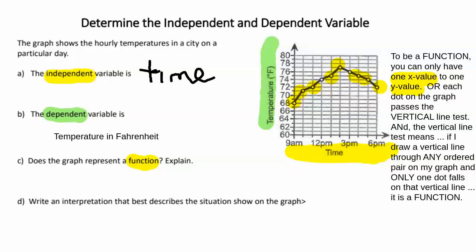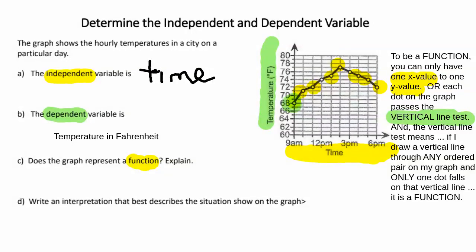One time, let's say the one down here, and I'll make the one down here this color. That dot represents 9 a.m. and the temperature is 68 degrees. One time, one temperature.